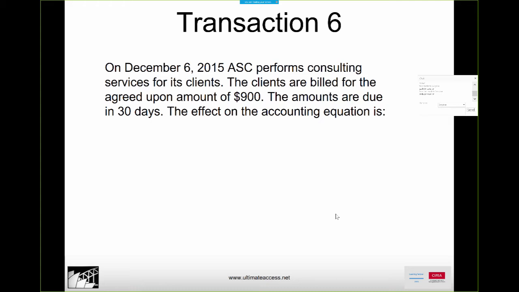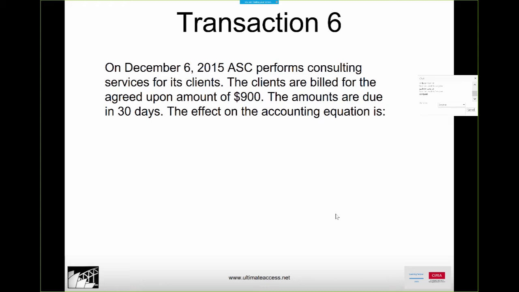If I'm going to create this entry today, where would the debit go? Do you think this company has received the money?